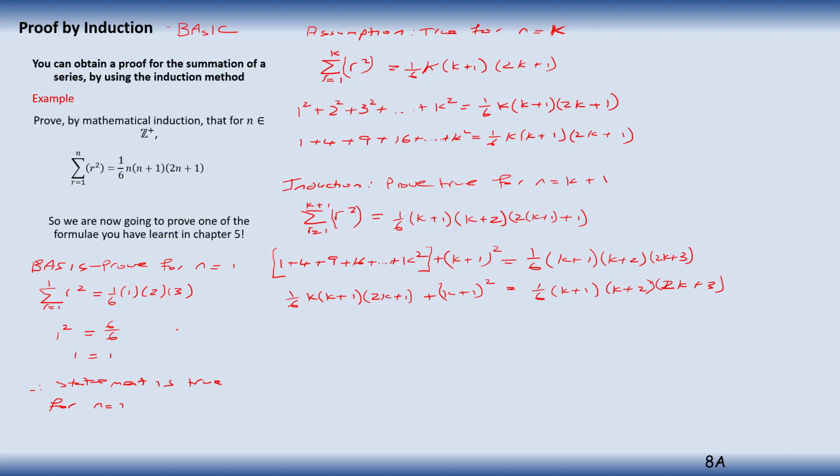So now, let's simplify the left-hand side. Taking the left-hand side and simplifying it. If I put everything over 6, then I've got k times k plus 1 times 2k plus 1. Now that's over 6, but I want to put this over 6 as well, so I've got to multiply this term by 6, so plus 6 times k plus 1 squared all over 6.